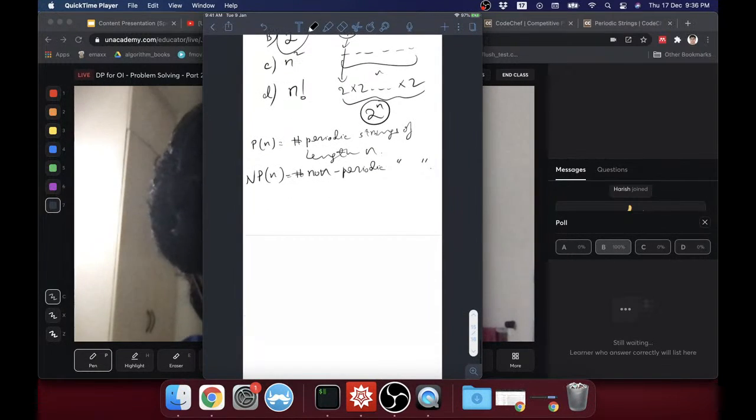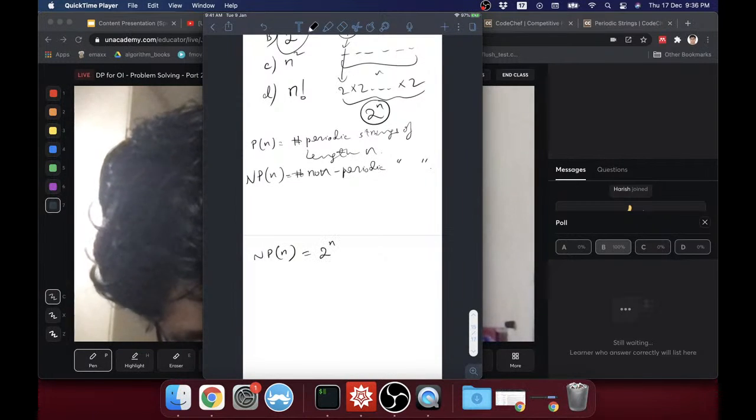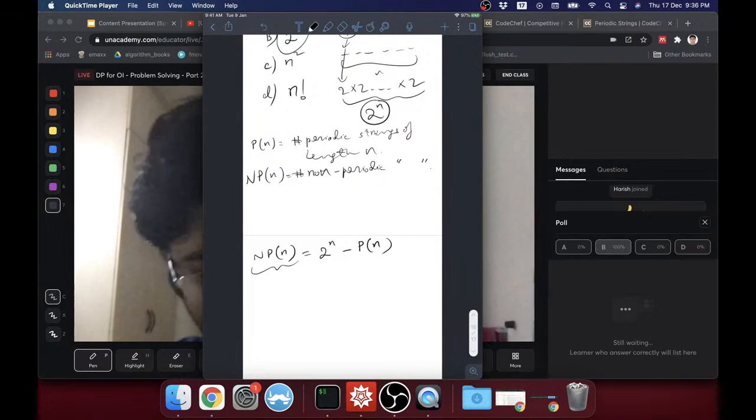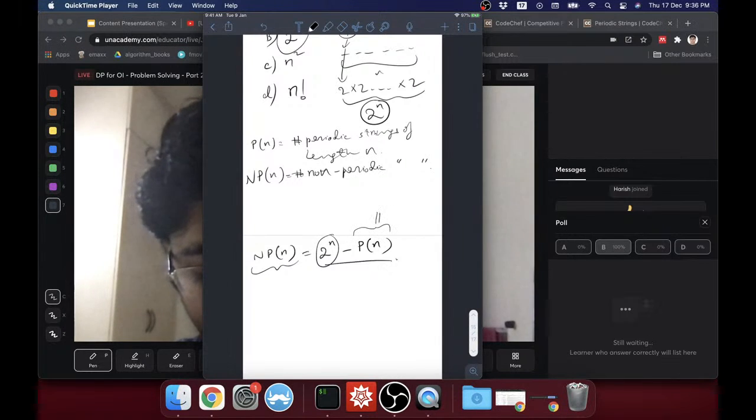Then we get this relationship that NP of n that we have to calculate is 2 to the n minus P of n. This is easy to know, so we now have to figure out what P of n is.